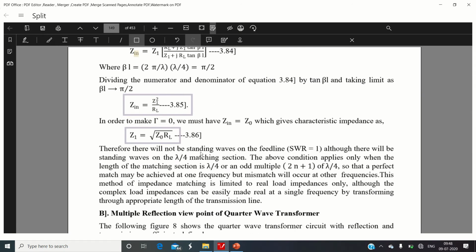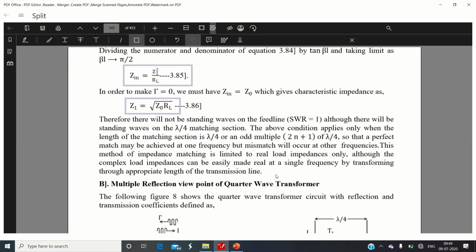Therefore, the standing wave ratio on the main transmission line will be as we discussed already: when gamma becomes 0, we will get standing wave ratio equal to 1. But the same mention is here, although there will be standing waves at the λ/4 matching section.